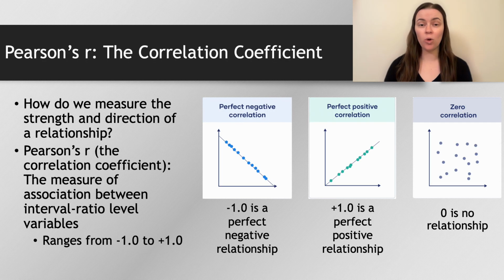And the name of that correlation coefficient is Pearson's r. Now, Pearson's r allows us to measure the association between two interval ratio level variables. Or in other words, we can actually quantify both the strength and the direction of the relationship of our two variables of interest.